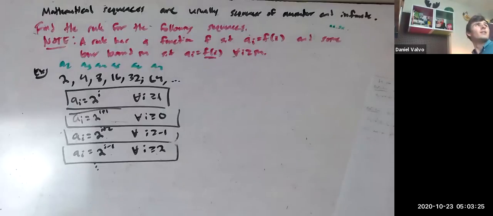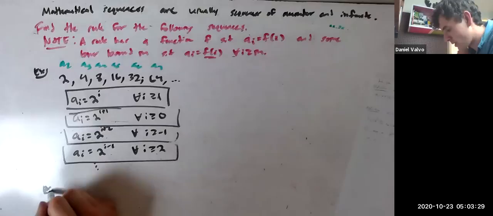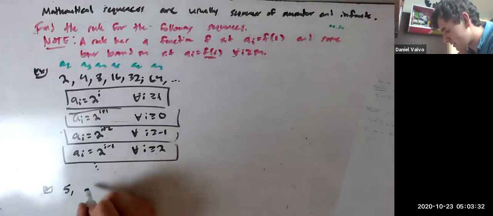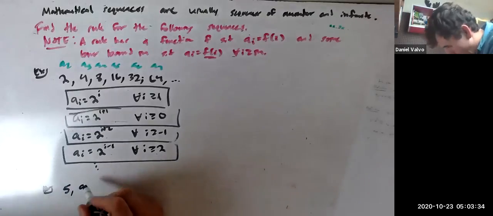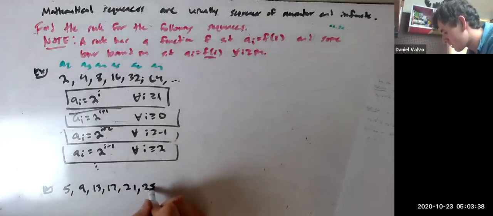Now, real quick, before we leave, what's the rule for this? Sequence 5, 9, 13, 17, 21, 25.